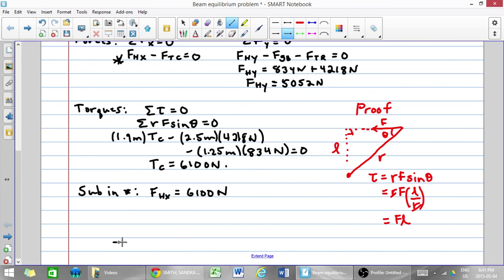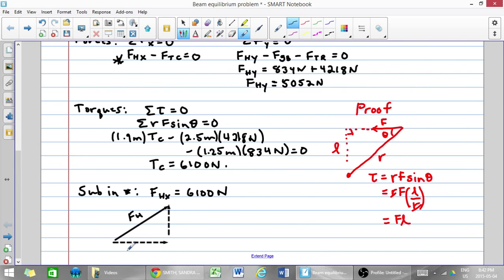So that way we have 6,100 newtons. That's our Fx. This way 52 newtons. And so when we add them together, this will be the force of the hinge.